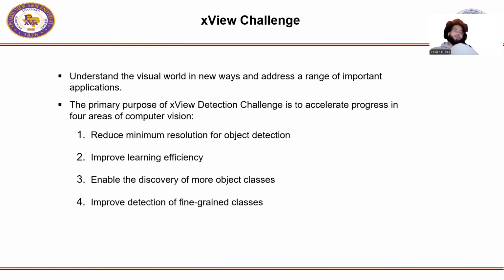So this is also labeling and ties into minimum resolution. And then improve the detection of fine-grained classes, so classes with lack of representation. As we'll see, the XView dataset does have a large instance imbalance between the various classes.